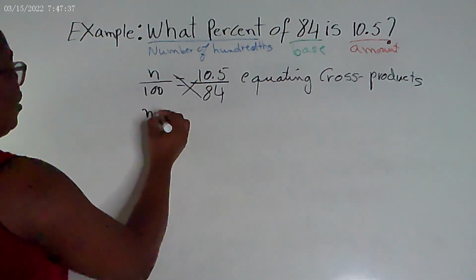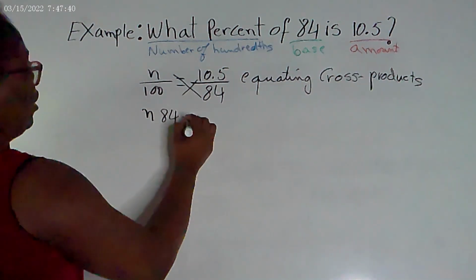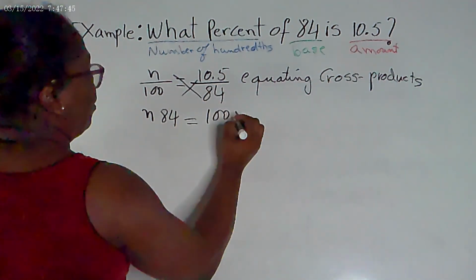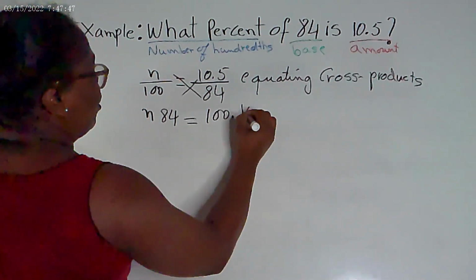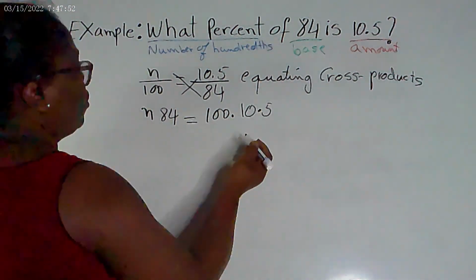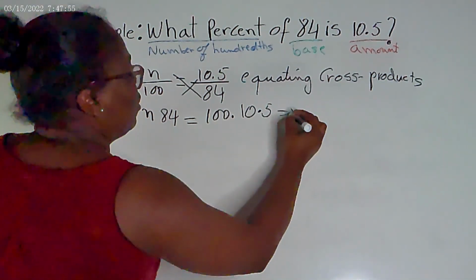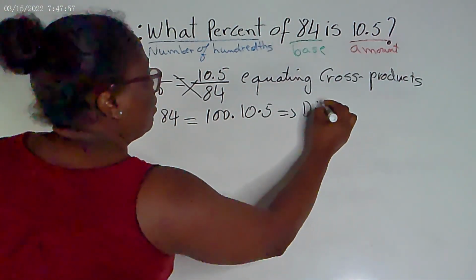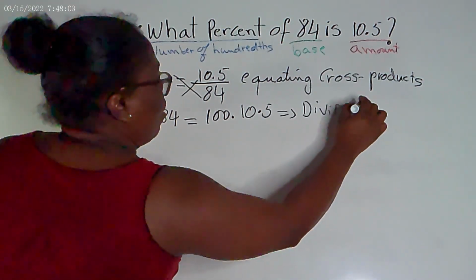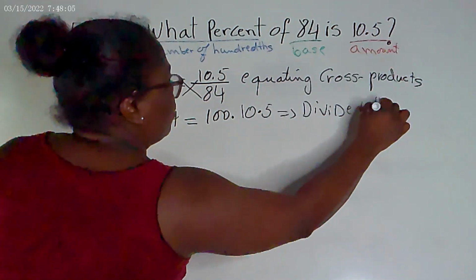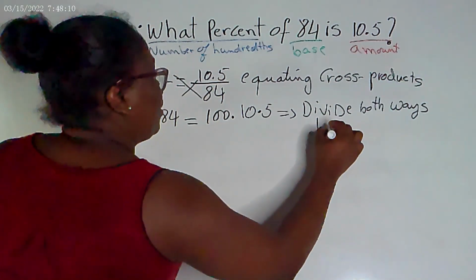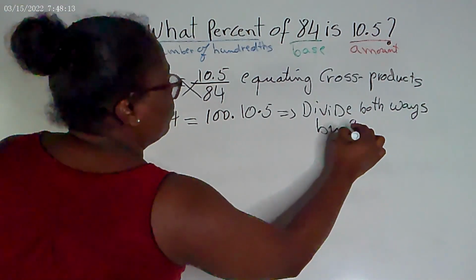So 84n equal 100 times 10.5. So right here, divide both sides by 84.